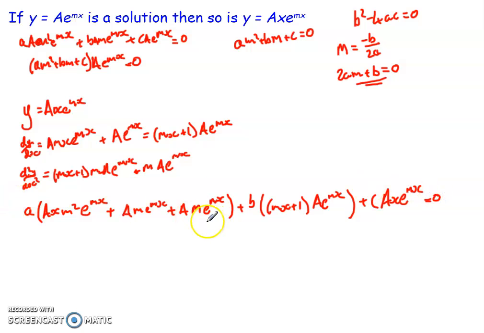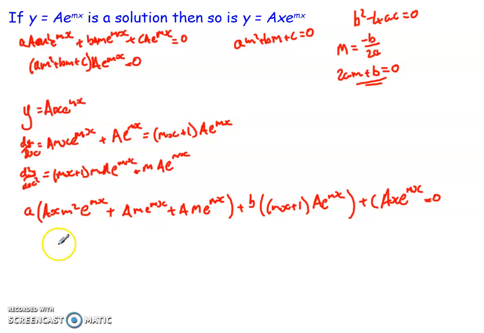Now that's a lot to take in, but if I simplify, I can multiply these brackets out by the a and the b, and then gather everything that's got an ax e to the mx together and an ae to the mx together.